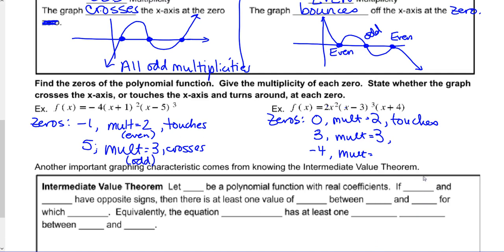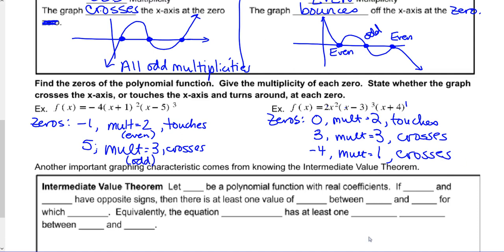It is odd, therefore that function is going to cross at that 0 through the axis. Then I look at this factor of x plus 4. I don't see a power. Remember, it is an invisible 1, so its multiplicity is 1. That is an odd number, so therefore, at that root, or that 0, it would also cross at that point as well.